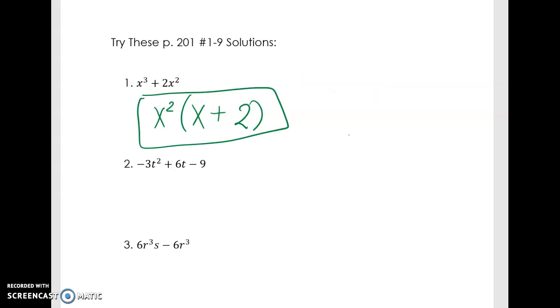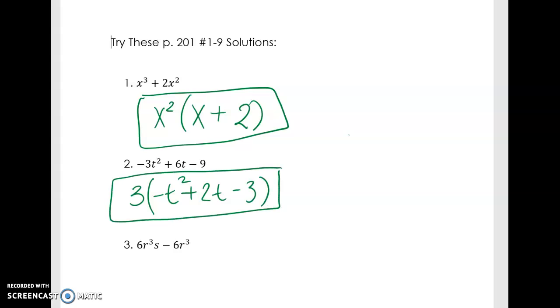Okay, going on to number 2. I'm going to factor out a 3, and I'll have negative t squared plus 2t minus 3. That's one answer I could have gotten. If I factored out a negative 3 instead, it just gets a little trickier, but it is still a possible answer.